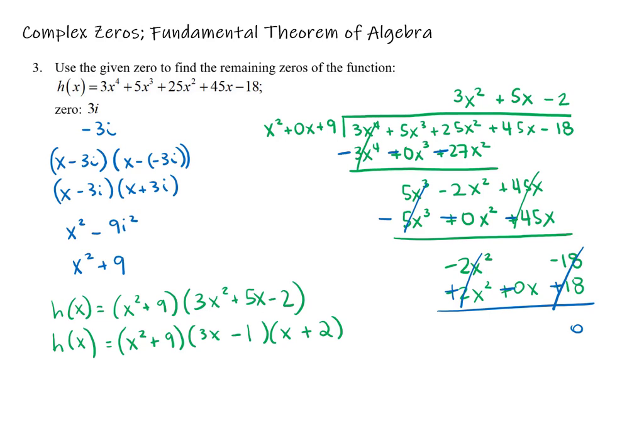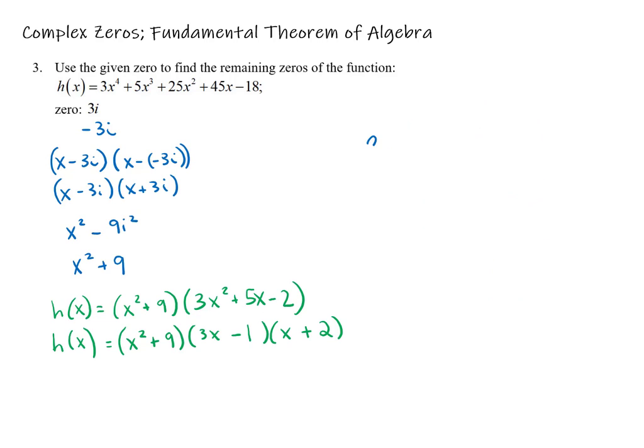I'm going to go ahead and erase my long division work so that I can list all the zeros of the function. They did give us one of the zeros was 3i. The other one, based off of the conjugate property, we know that we'd have negative 3i. Then those two made up our first irreducible quadratic.